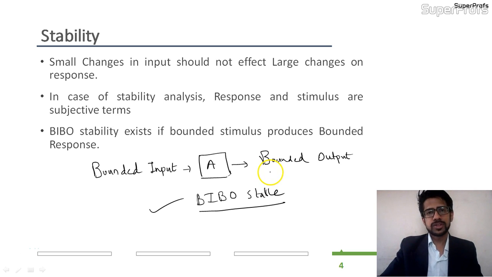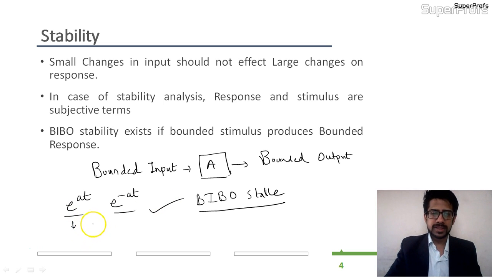There are different notions of stability. As we saw, e raised to at is an unbounded signal and e raised to minus at is a bounded signal. If we take the Laplace transform of these signals, we get 1 upon s minus a, and for the other signal we get 1 upon s plus a.